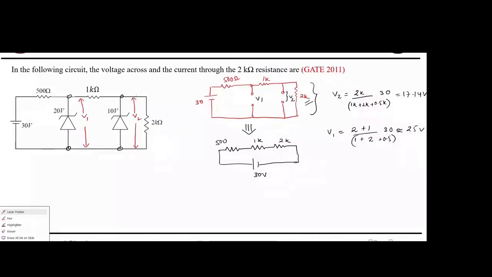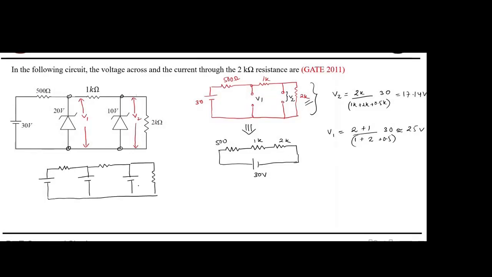So since both the diodes are in breakdown, now you can draw your final circuit. What is the question asking? The question is asking for the current and the voltage across 2K.